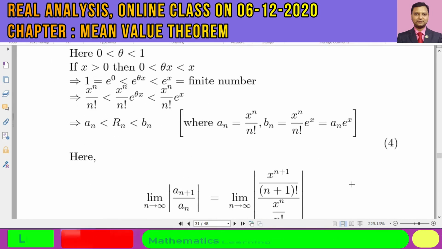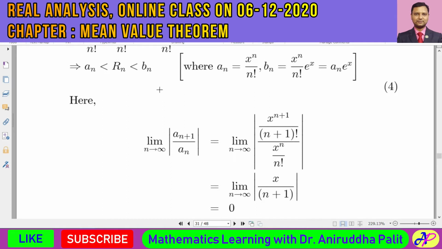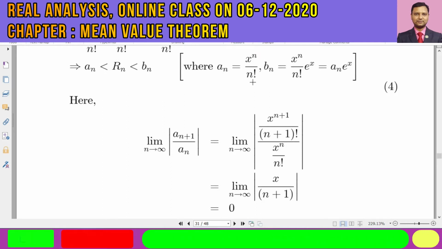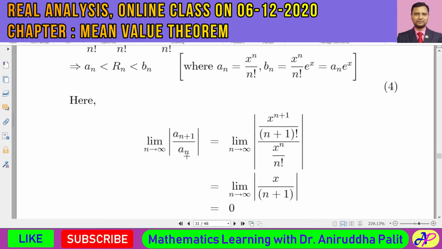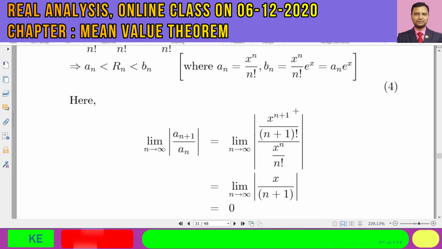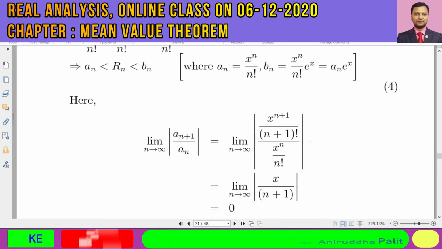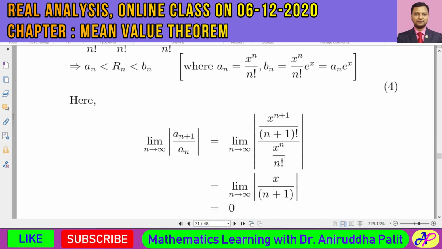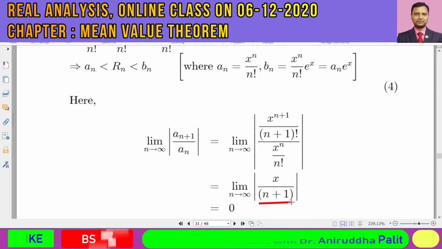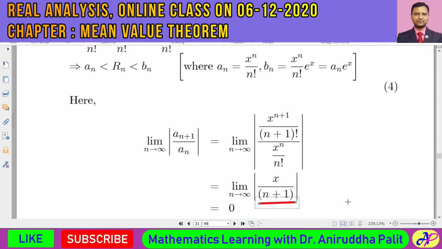Now, what is an? An is equal to x to the power of n by factorial of n. Therefore, the modulus of an plus 1 by an should look like this. The factorial of n plus 1 cancels with the factorial of n, so we have simply the factor n plus 1 in the denominator, and in the numerator we have a single x. As x is a real number, it is always a finite number.